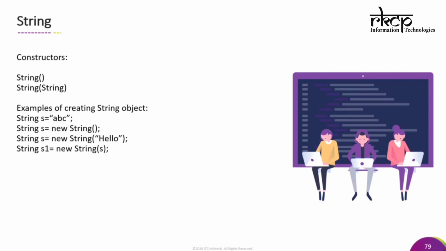In the same way, you have the String class, and this String class has a lot of constructors. Inside the String class, I have written multiple examples: string assignment with double quotes, or you can create an object of the String class with the help of new.